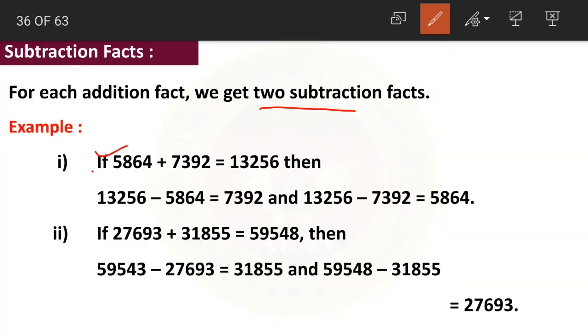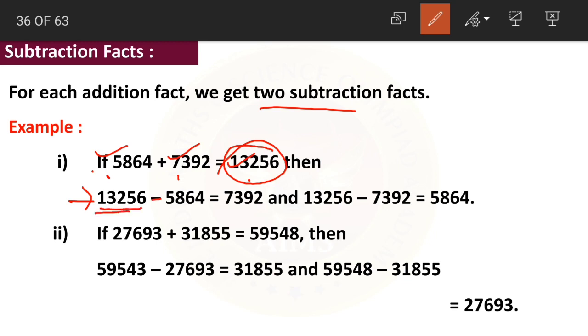Now, if you look at the three numbers here, 5,864, 7,392 and 13,256, which is the larger number of these three? Yes, children, this, 13,256. The sum is the larger number. So what will our first subtraction fact be?